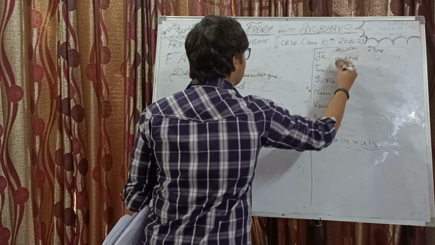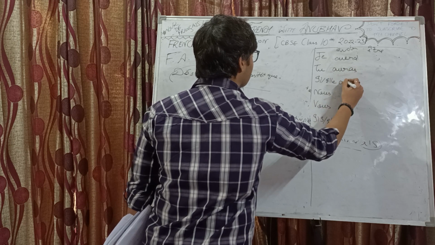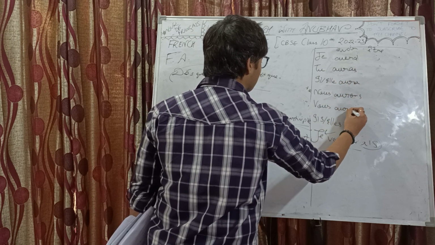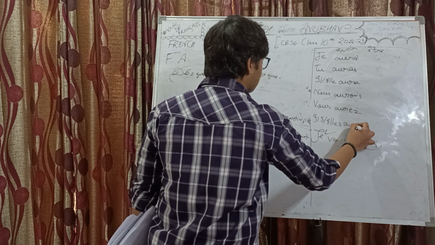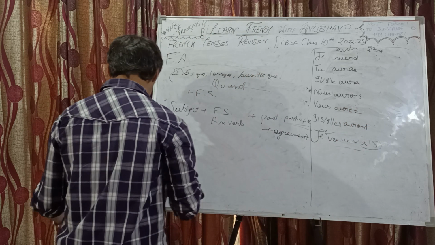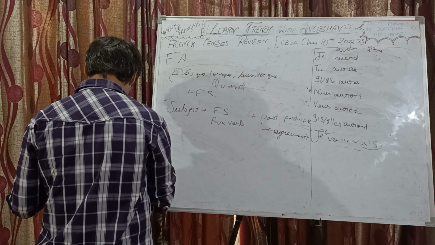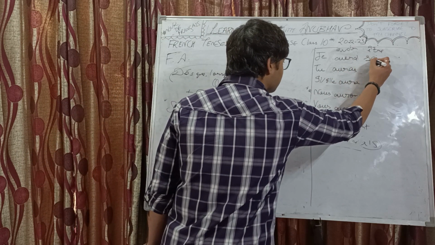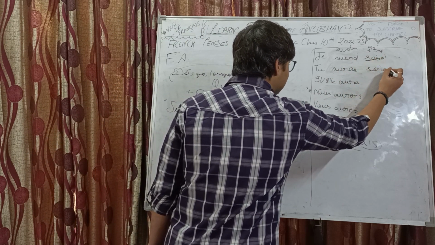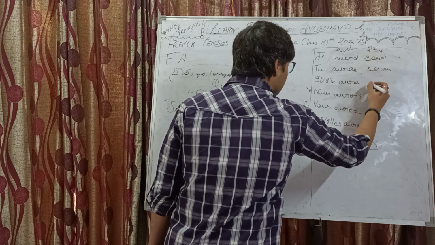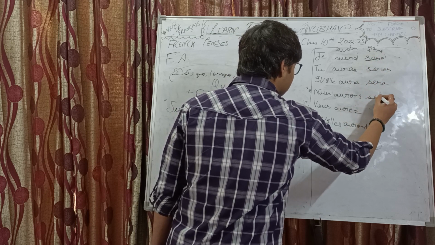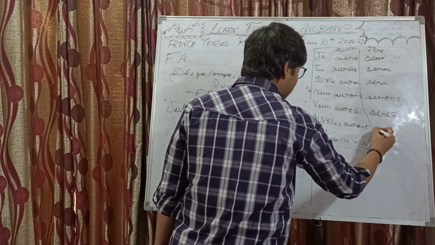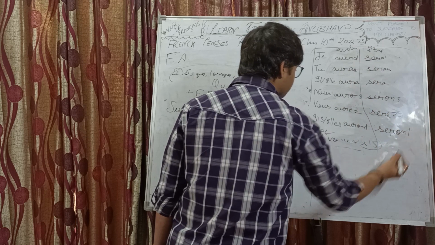J'aurai, j'apostrophe aurai, aura, aurons, aurez, auront. And then we have for être, serai, sera, serons, serez, seront.